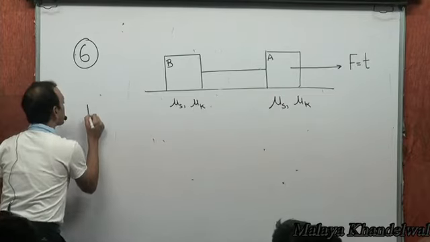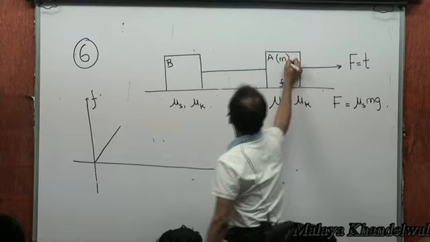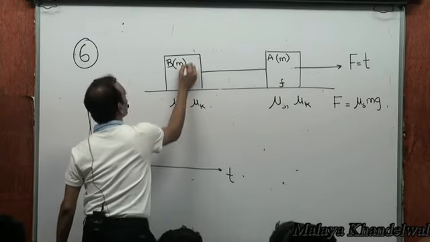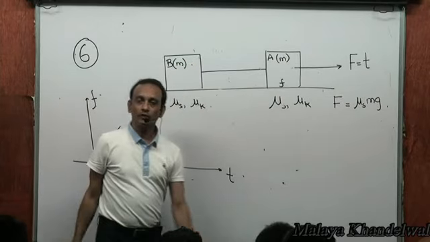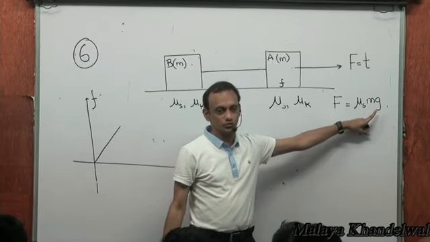When capital F becomes equal to mu s mg, that means equal to maximum static friction between A and the ground, right? What happens to frictional force? It becomes equal to mu s mg.